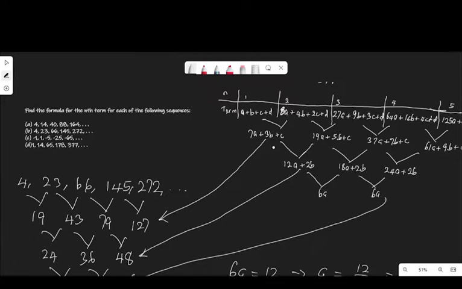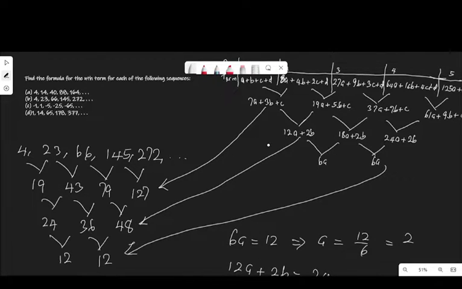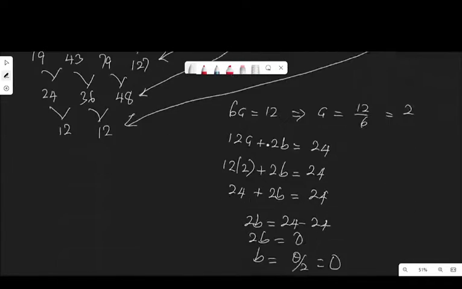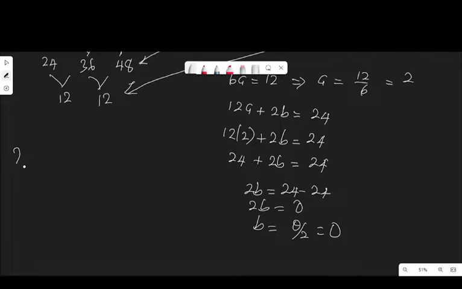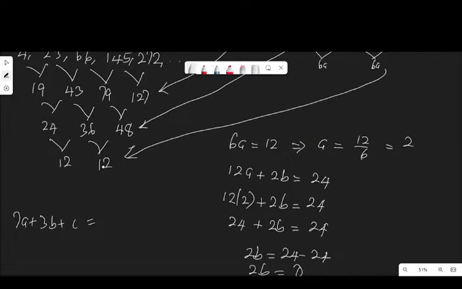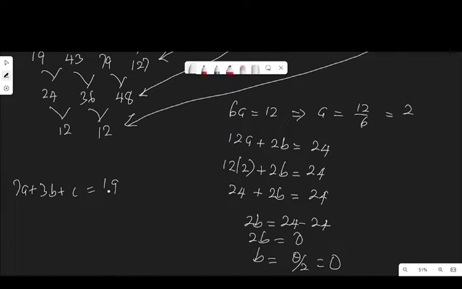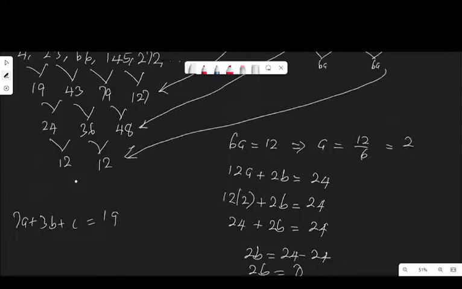Again, equating the first terms of the row, 7a plus 3b plus c equal to 19. And what is a? a is 2.